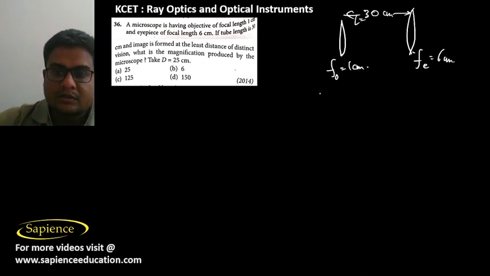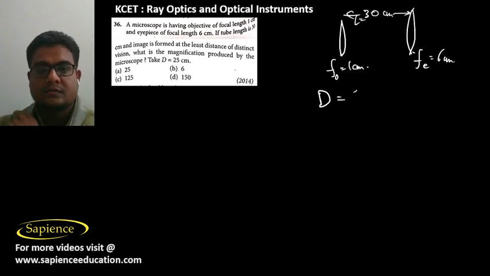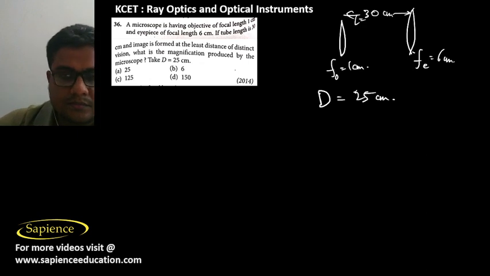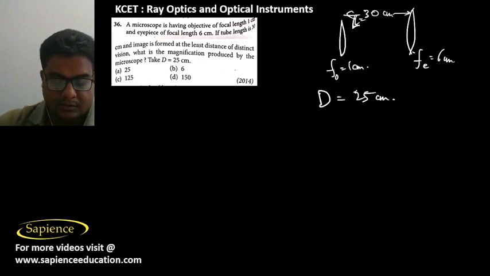So the least distance of distinct vision, capital D, that is 25 centimeter. And the tube length of the microscope L, that is 30 centimeter.